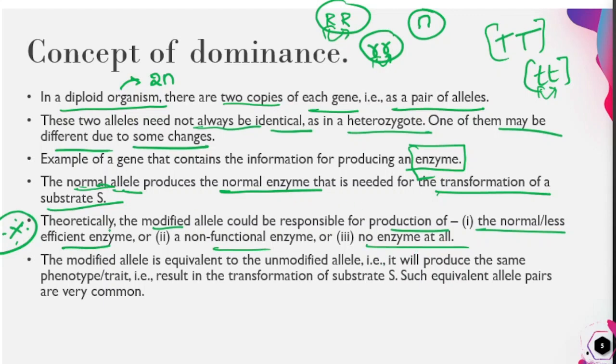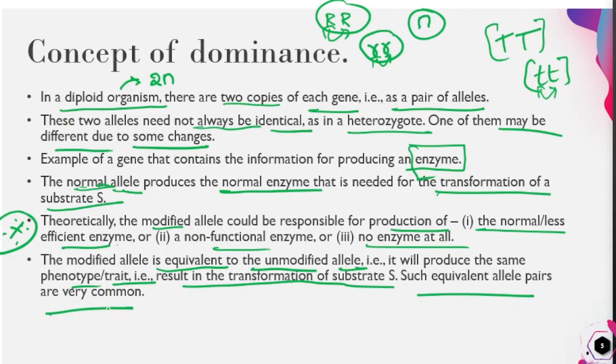Here a modified allele can be equivalent to an unmodified allele. That is, the allele present will be equal in number, and it will produce the same phenotype, same trait, everything, in the transformation of the substrate. Such an equivalent allele pair is very common.